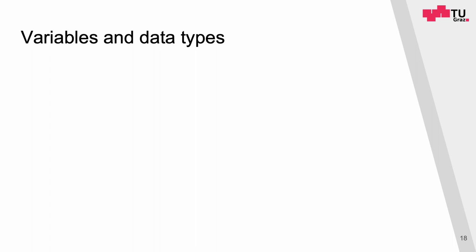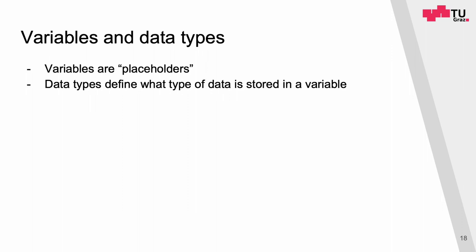And it is helpful to think of variables as containers that hold information. So in other words, variables are placeholders, and their sole purpose is to label and to store data in memory. And this data can then be used throughout your program.